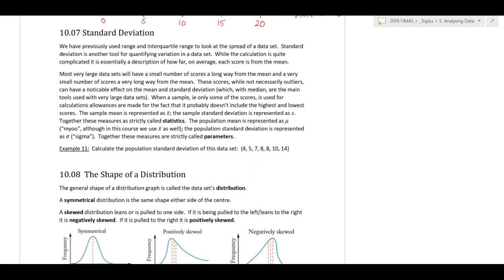When I have a really big data set, and what we might call a normally distributed data set, that'll be in the next video. If, for example, I was measuring the height of everybody in year 11, that's not necessarily a gigantic data set, but nonetheless, I'm measuring the height of people in year 11. There would be a lot of people that would have a fairly similar height, and that might be something like, I don't know, 160 centimetres.